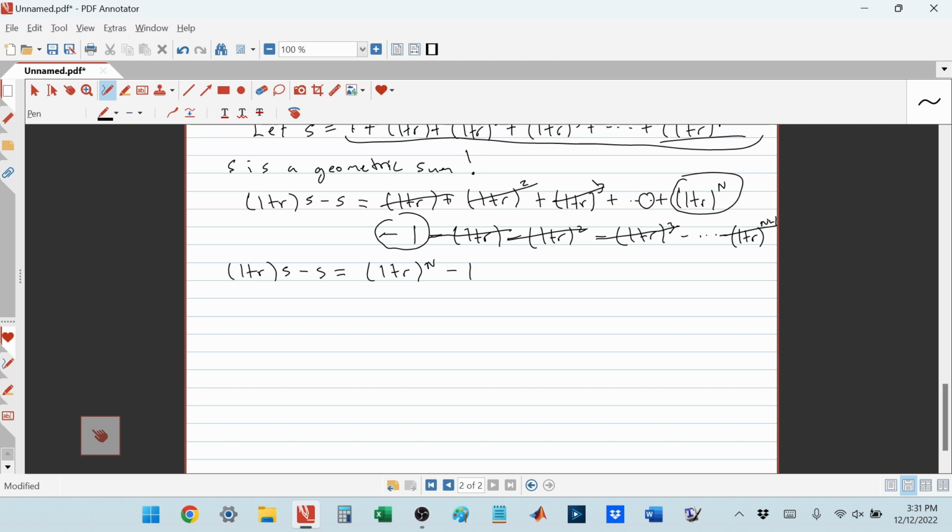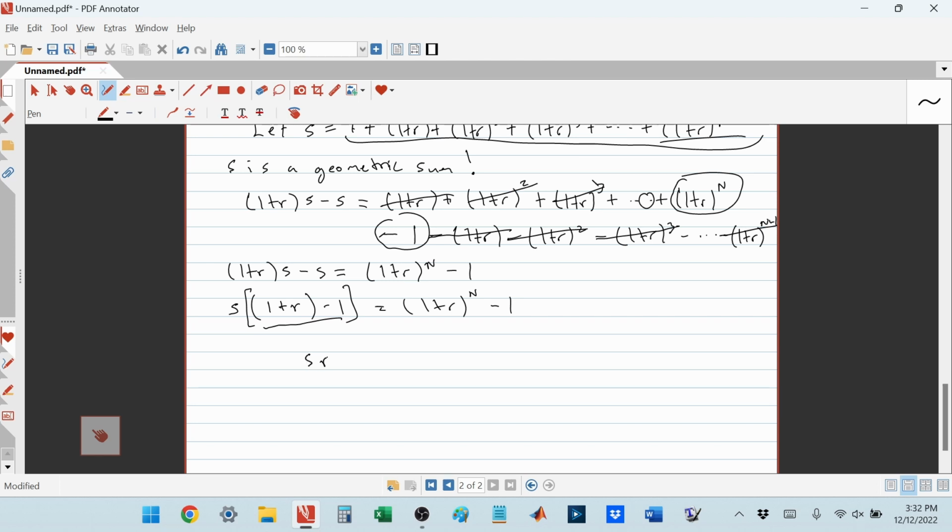So now we can solve for S. On the left-hand side of the equal sign, we can factor out an S. On the right-hand side, we keep what we have. Notice that this right here just becomes R because 1 minus 1 is 0.